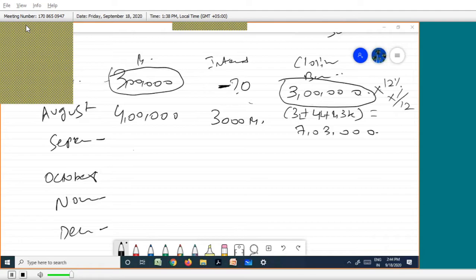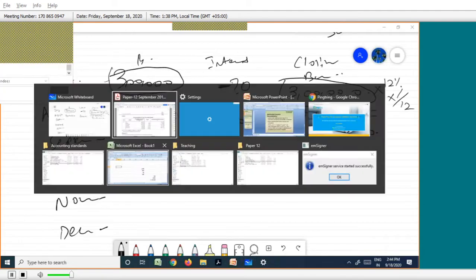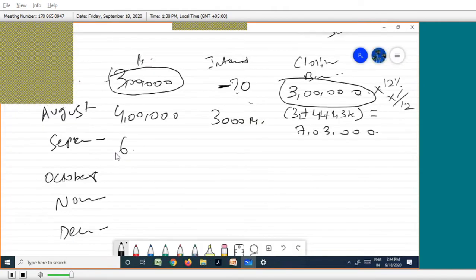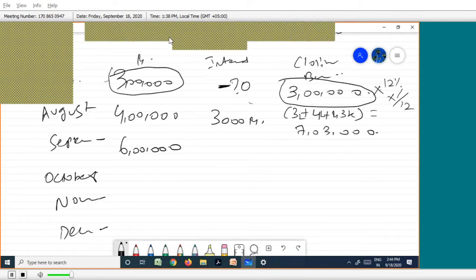What happened in September month? How much is spent in September month? 6 lakh rupees is spent.